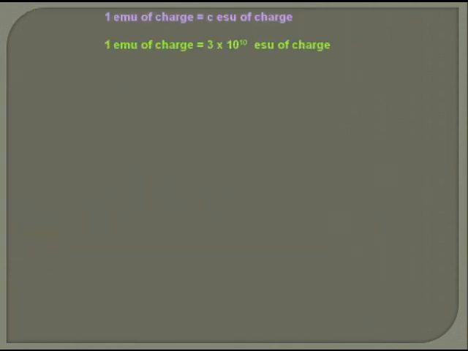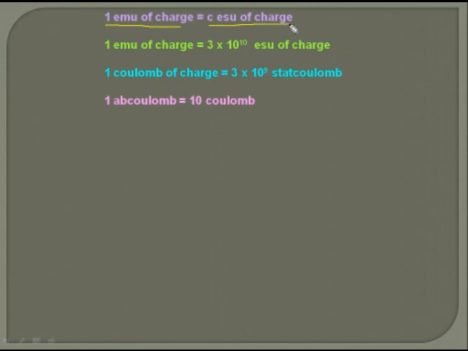Okay, so you have to remember this conversion because it may be asked in your examination, and it is not hard to remember. 1 EMU of charge, that is 1 electromagnetic unit of charge, is equal to c ESU units of charge, where c is the speed of light. We know the speed of light c is 3 into 10 raised to the power 8 meter per second.